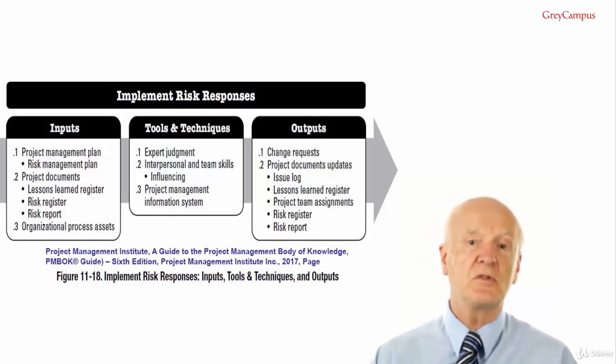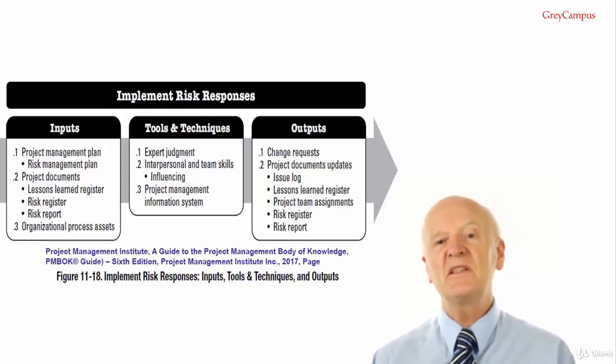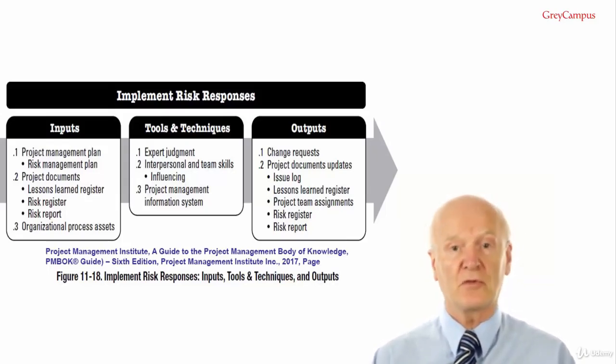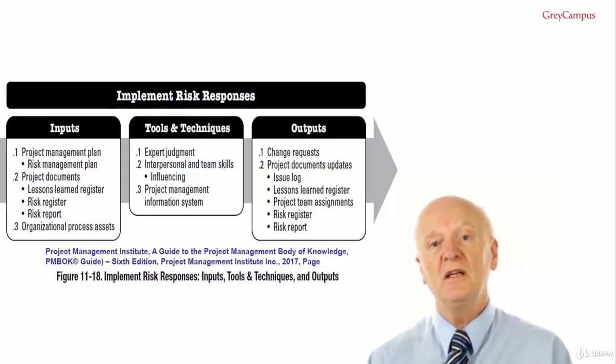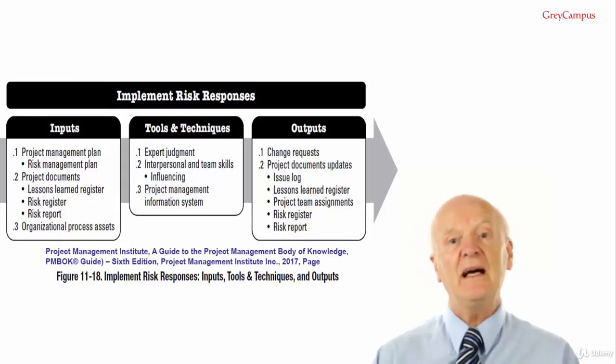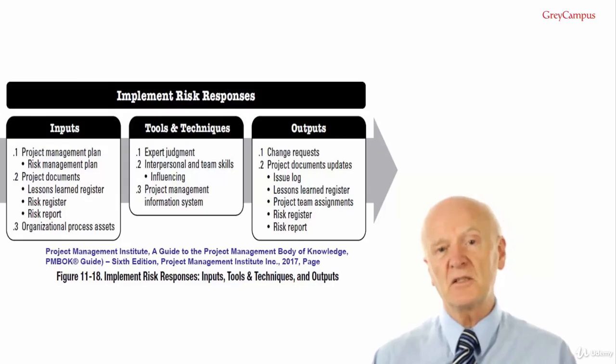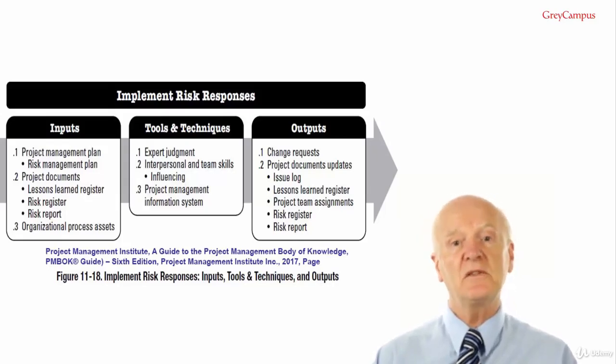Implement risk responses, tools and techniques. Number 1, expert judgment. Expertise should be considered from individuals or groups with specialised knowledge to validate or modify risk responses if necessary and decide how to implement them in the most efficient and effective manner. Tools and techniques number 2, interpersonal and team skills.